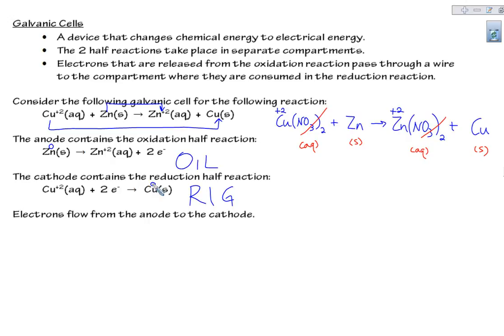Cool. So the electrons are flowing from the zinc half to the copper half. And we had said there has to be a give and take of electrons. There will always be reduction and oxidation together. So when we do this redox in an electrochemistry situation in a galvanic cell, we're going to call one of these the anode and the other the cathode.